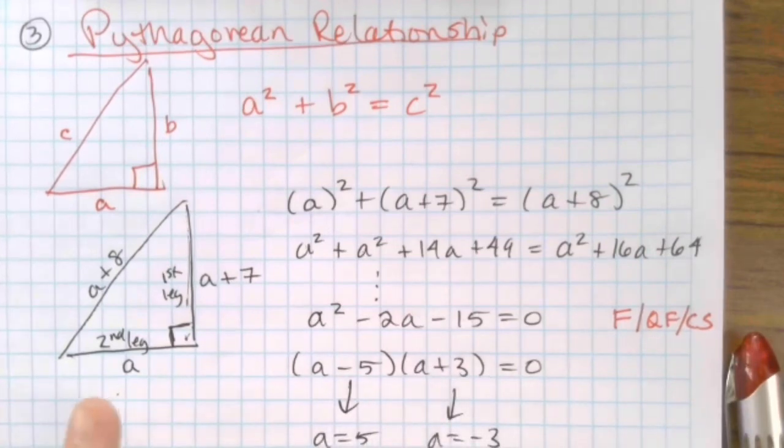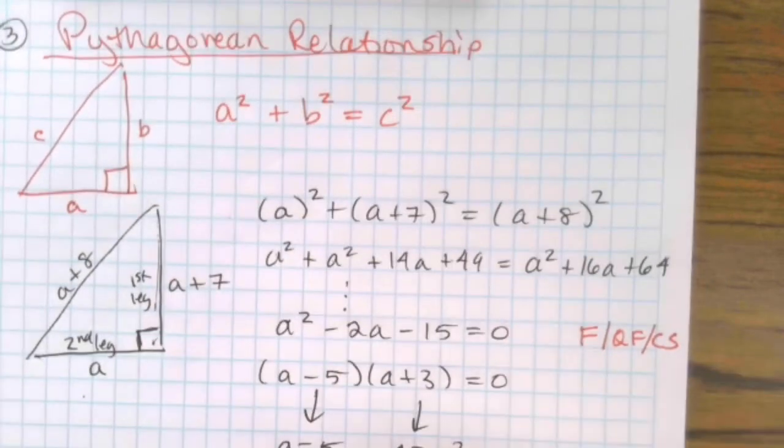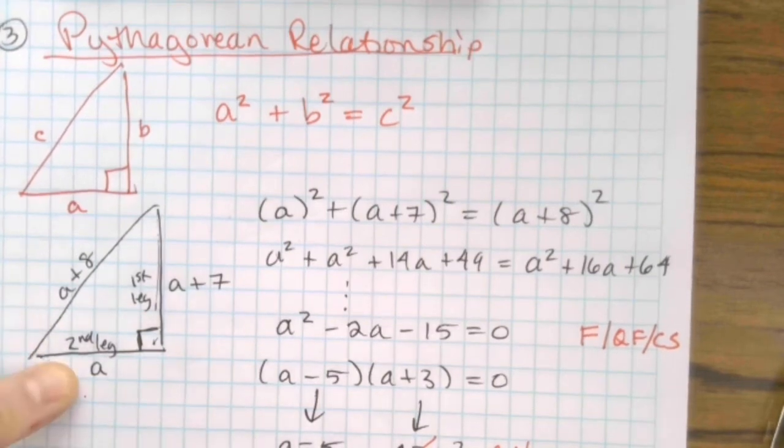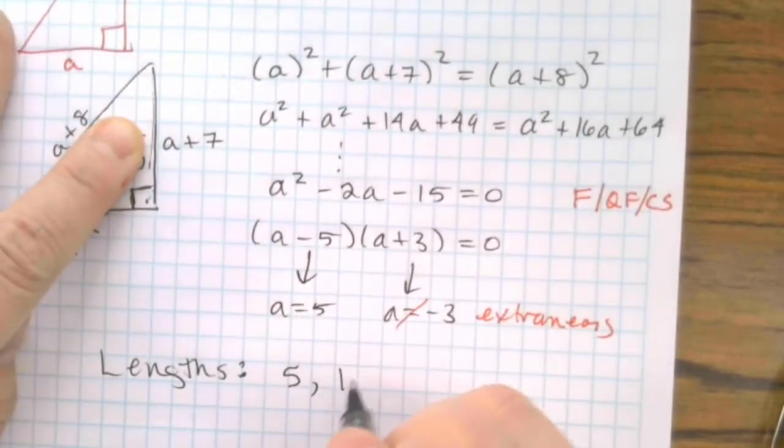Now, you can't have a negative length, so A can't be negative 3. So this one turns out to be extraneous. And from there, you can put together the lengths of the triangle. One of them is obviously A, which is 5. The other one is 7 plus 5, which is 12.